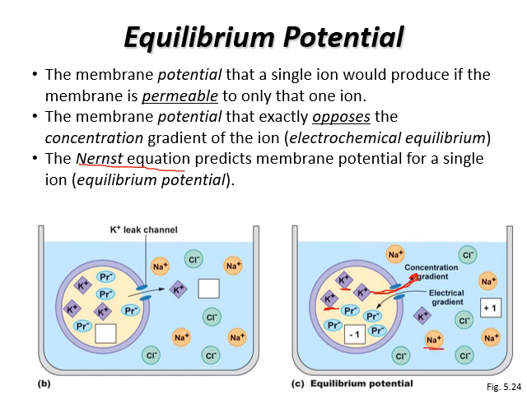So say we're calculating the equilibrium potential for potassium. Assume it's only permeable to potassium. There are only channels for potassium.